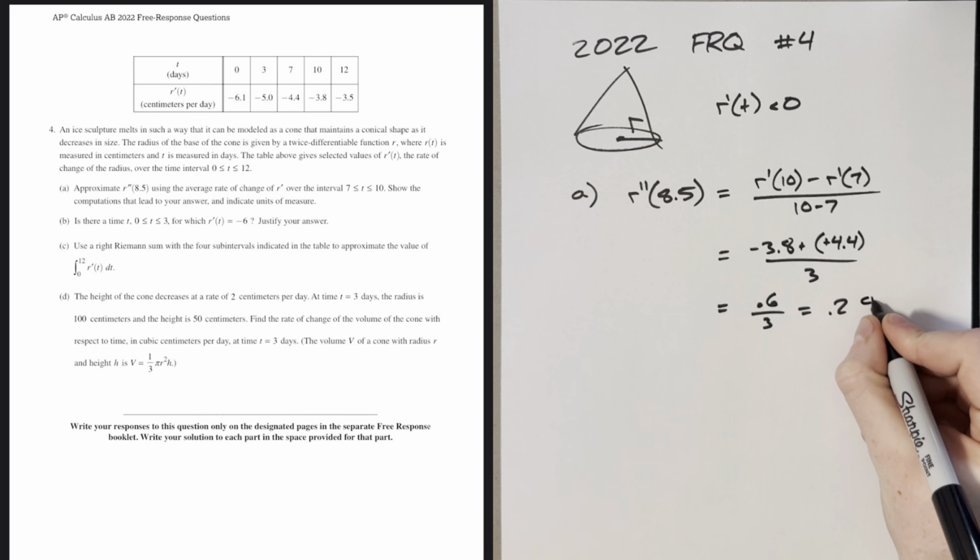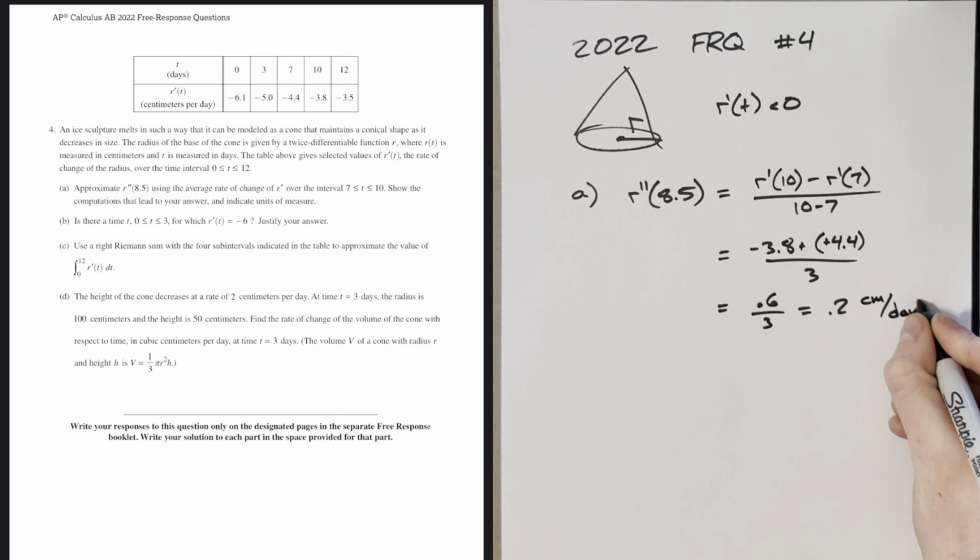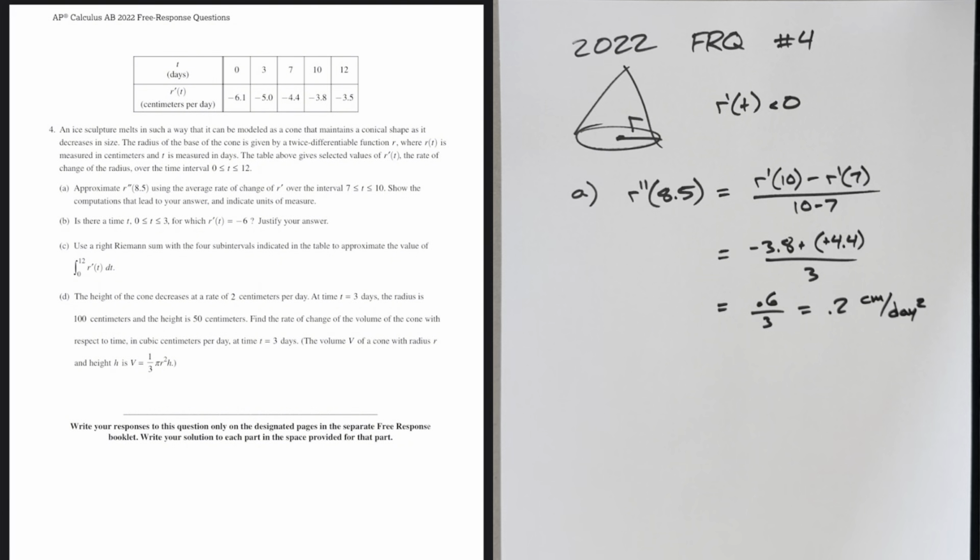My units are going to be centimeters per day squared. I like writing it in squared just because that's the general form you use in physics specifically. So those are our units, and that's our final answer.